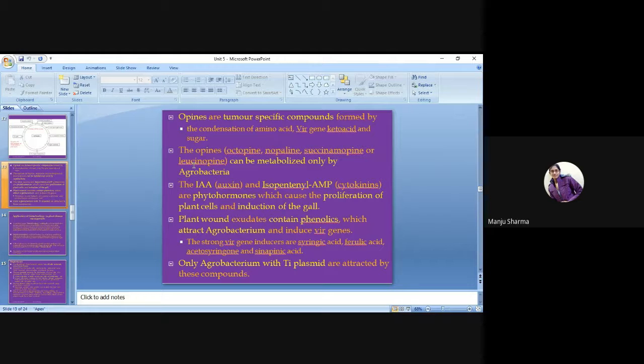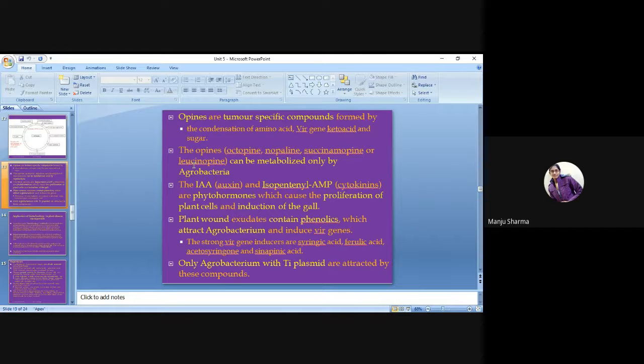Now, opines are tumor-specific compounds formed by the condensation of an amino acid, a keto acid, and a sugar. The opines, that is octopine, nopaline, succinamopine, or leucinopine, can be metabolized only by agrobacteria.